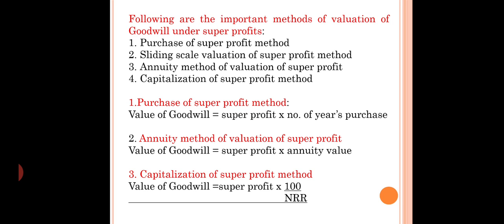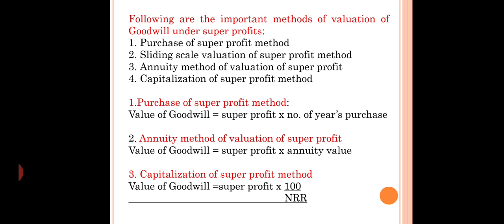After calculation of the super profit, under the purchase of super profit method, you have to consider the number of years of purchase. Value of goodwill equals super profit, that is average profit minus normal profit, into the number of years of purchase. The number of years of purchase is given. On the basis of this information, you calculate the value of goodwill under the purchase of super profit method.